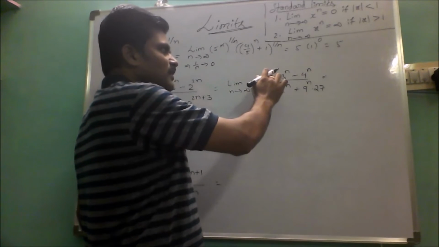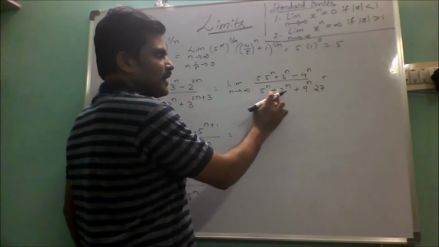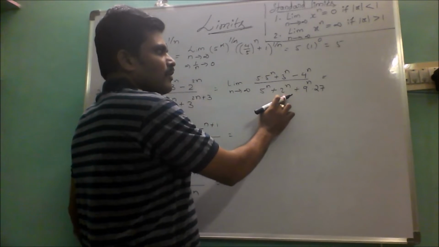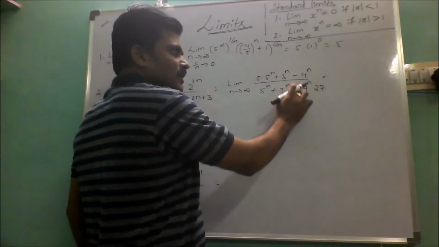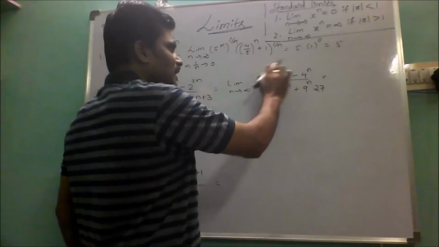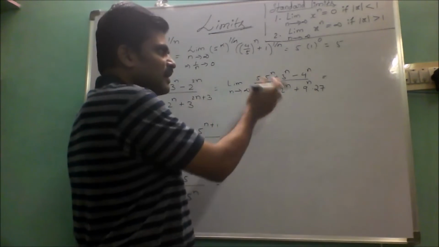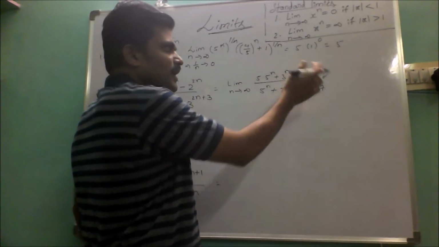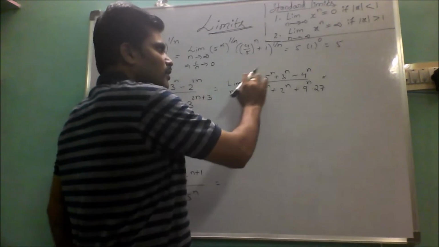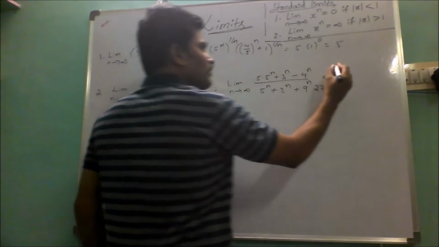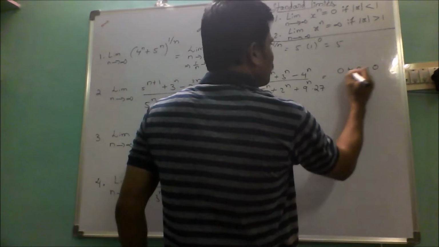Then it converts into 5 by 9, 3 by 9, 4 by 9, 5 by 9, 2 by 9, and 9 power n by 9 power n is cancelled. The remaining values are all less than 1. So 5 by 9, 3 by 9, 4 by 9, 5 by 9 and 2 by 9 are all less than 1, so the numerator terms are zero.